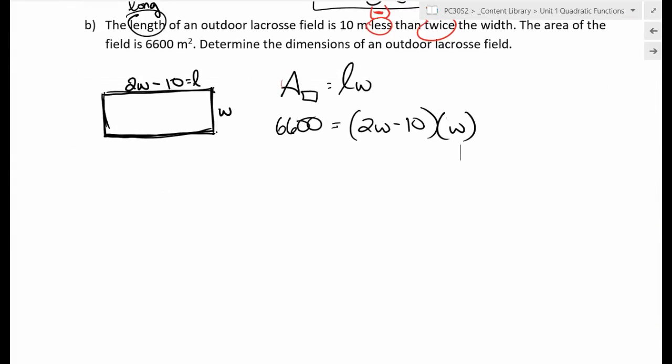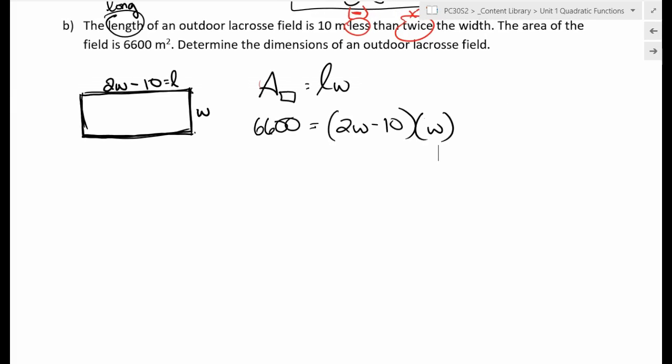So we're going to follow the exact same steps to solve for the width of our field. We're going to have to FOIL it out, get it equal to 0 so that I can use my 0 property, and then solve for W and L, because it asks for the dimensions with an S, okay? So it's plural. So we got 6,600 equals 2 widths squared minus 10 widths. Move that over by subtracting.